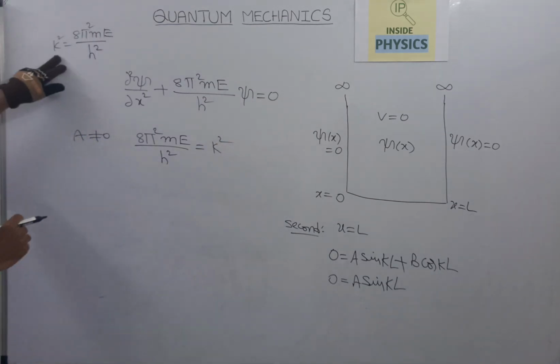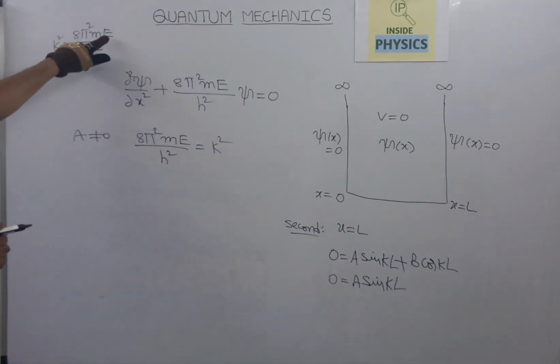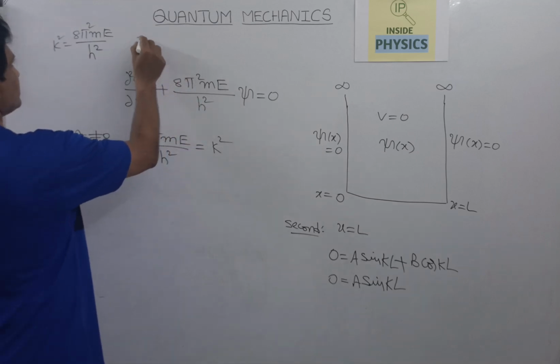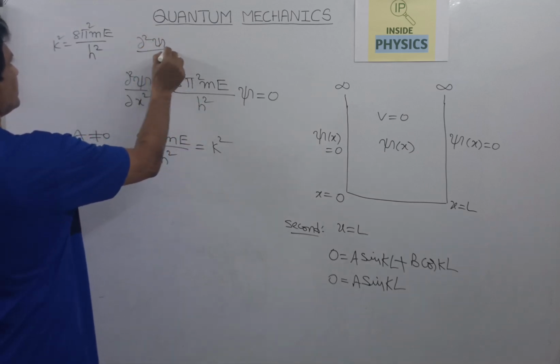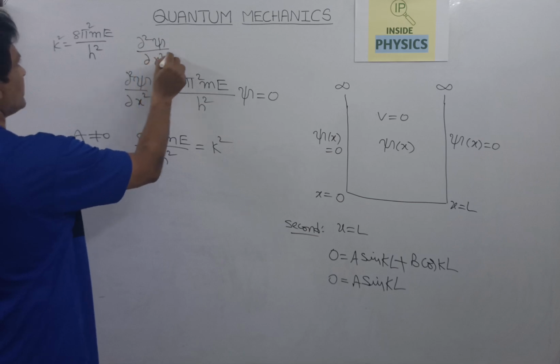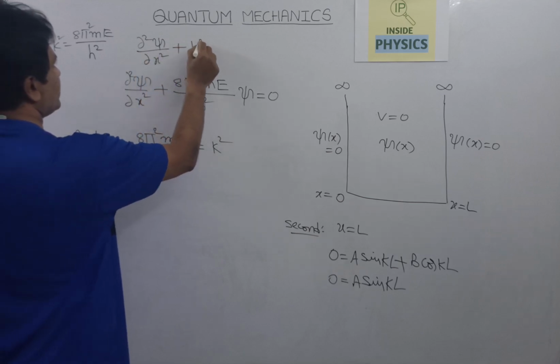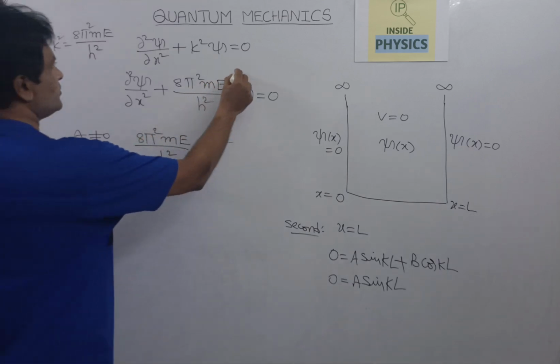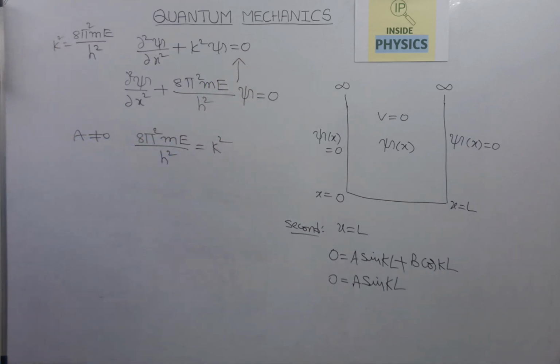Initially we considered k square is equal to 8 pi square me by h square, and this has become the equation d square psi by dx square plus k square psi is equal to 0. This is what we assumed in the beginning.